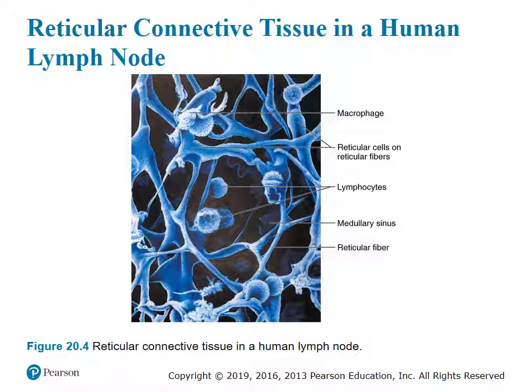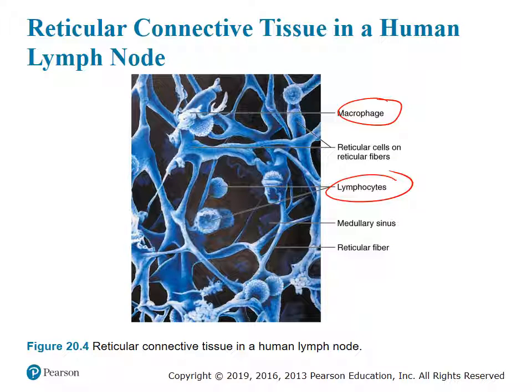So that's what we see here, right, by the way. That's what we see here. So what we're seeing is actually a lymph node, and we're looking at all the cells. So first identify, you see the macrophage, the immune system cell, the lymphocytes, immune system cell.